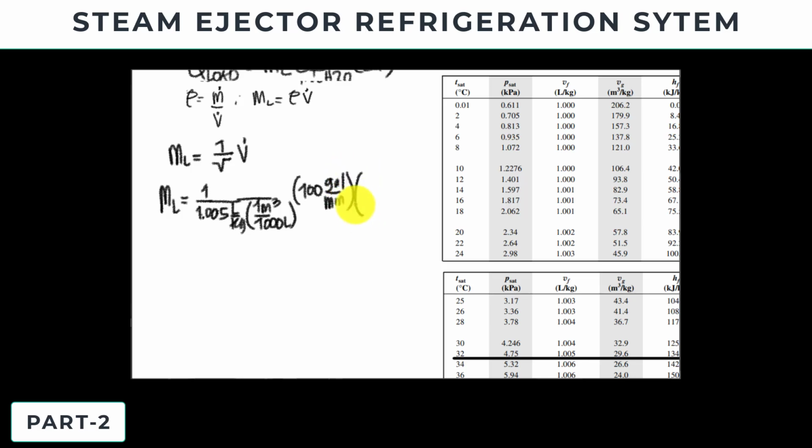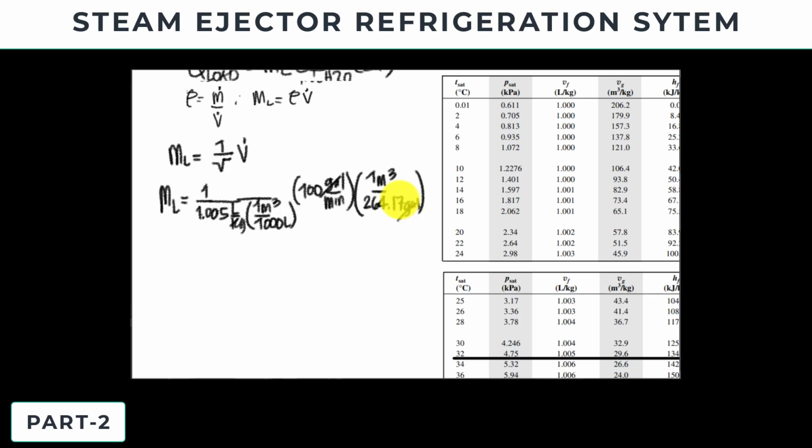And we have the conversion from gallon: 1 cubic meter is equal to 264.17 gallons.